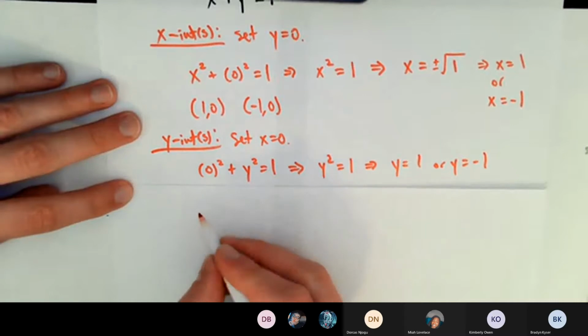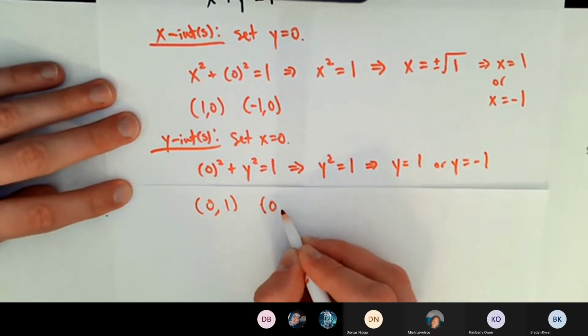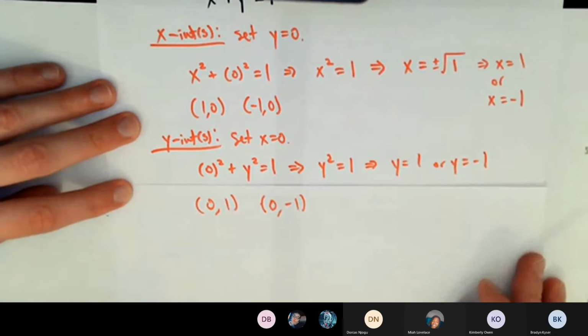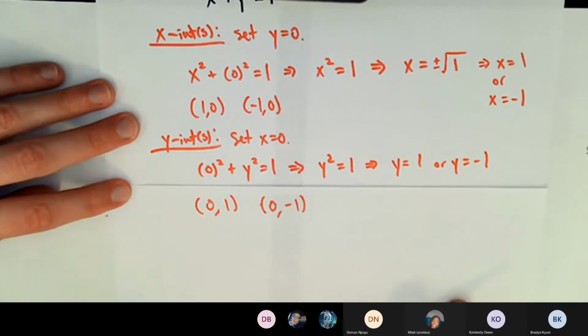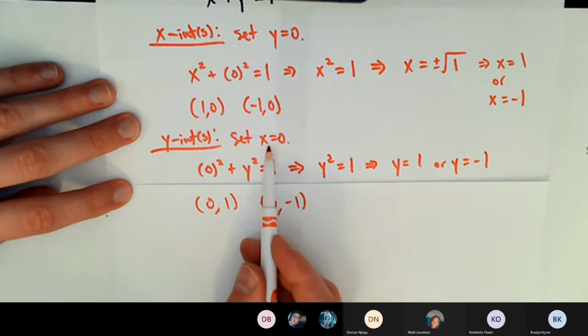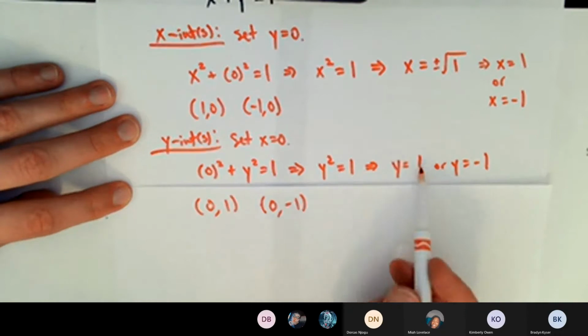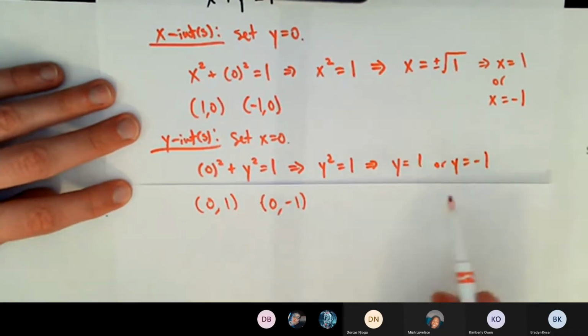And that's yielding 2 y-intercepts here, (0, 1) and (0, negative 1). Okay, and remember the x value is 0 because that's the definition of a y-intercept. You set the x value equal to 0, and then you find the y value. So y equals 1 corresponds to this y-intercept, y equals negative 1 corresponds to this y-intercept.